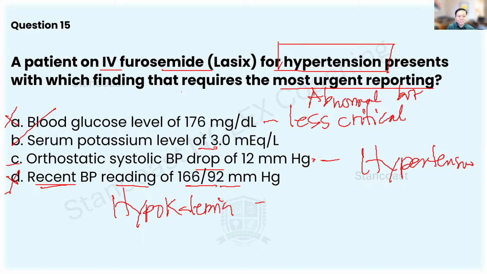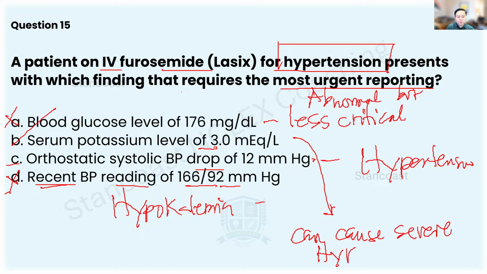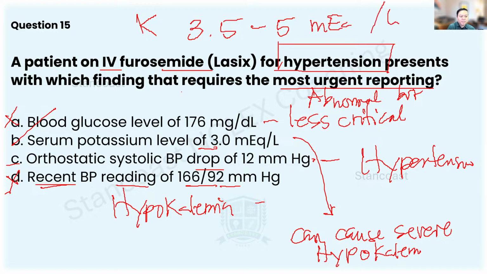This can lead to severe hypokalemia. The potassium level is supposed to be between 3.5 to 5 milliequivalents per liter. Serum potassium level of 3 is low.